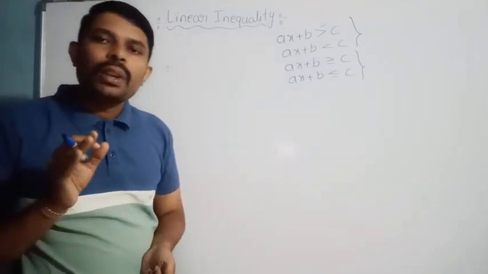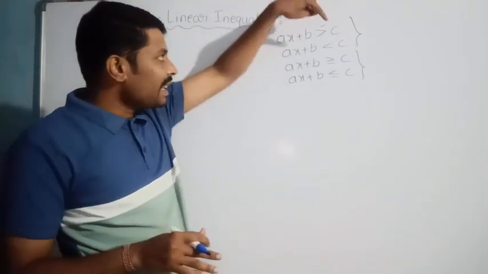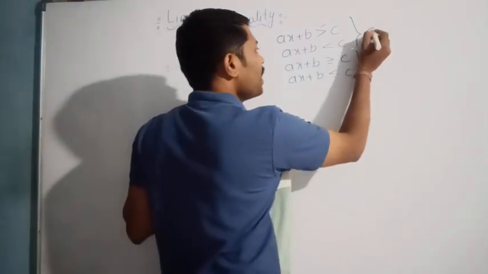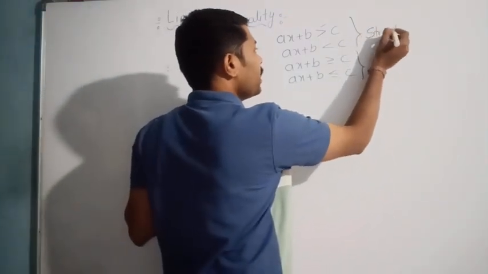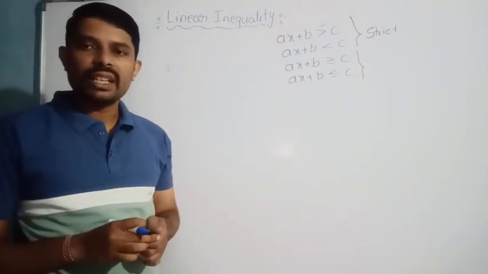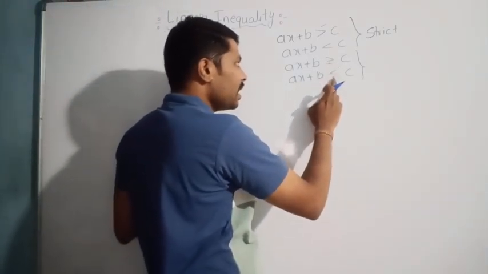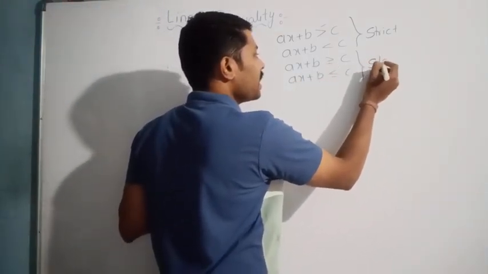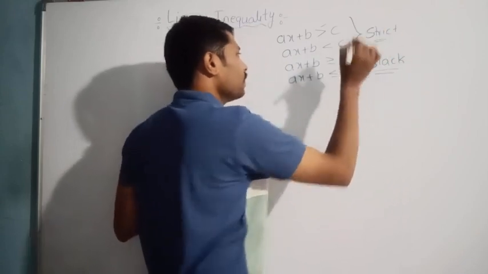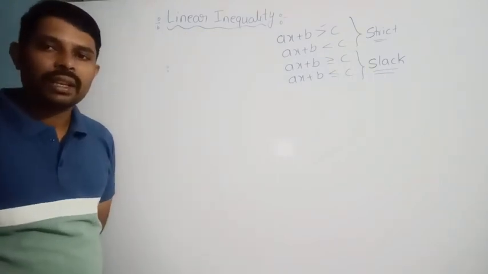Whenever our expression contains greater than or less than, it is called a strict inequality. Which kind of inequality? Strict inequality. And when the expression contains this type of symbol, it is called a slack inequality. One is strict inequality, one is slack inequality.